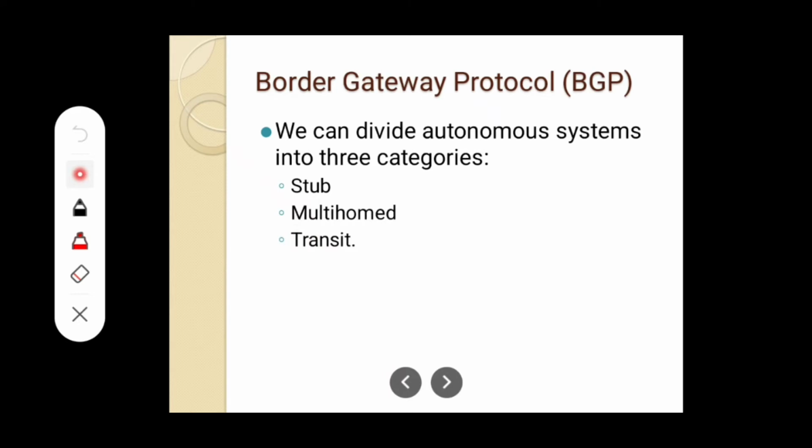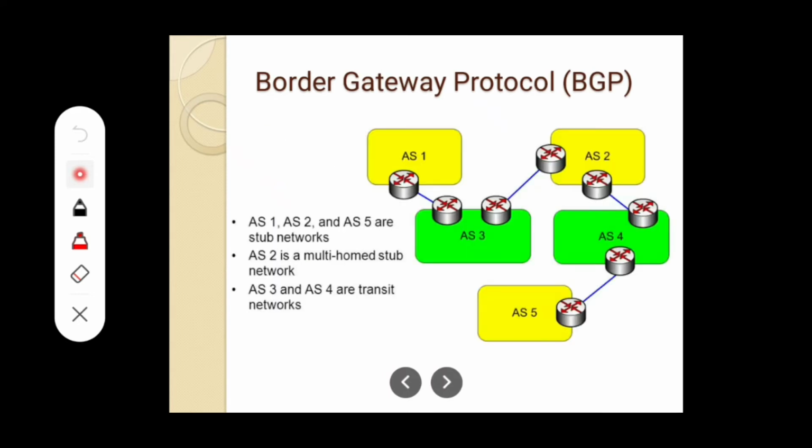Let us explain this concept with a figure. Here these are autonomous systems, and in this figure, autonomous system 1 and autonomous system 5 are stub networks, which means a stub network has only one connection to other autonomous systems.